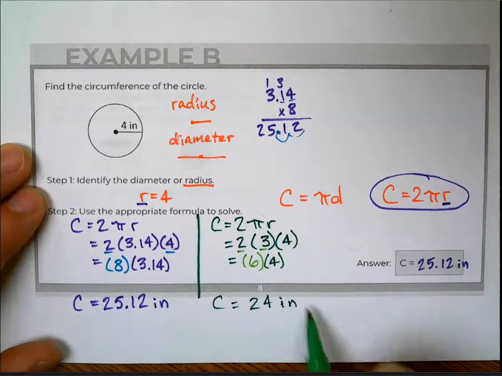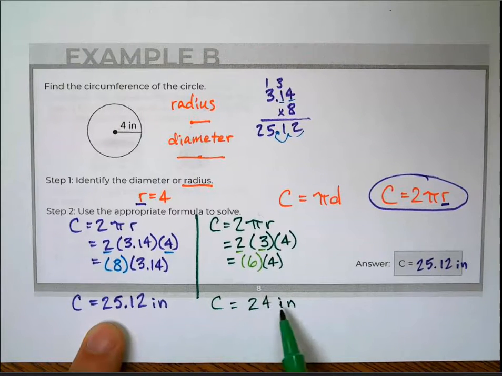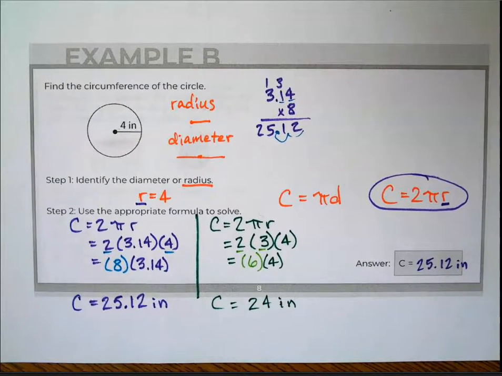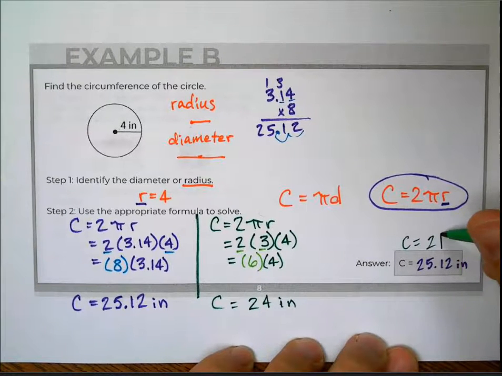Again, look how close those are. 25.12 and 24. If this was a multiple choice question and you got 24, but you saw that as an answer choice, you would hopefully, obviously know to pick that. Okay, so C equals 24 inches.